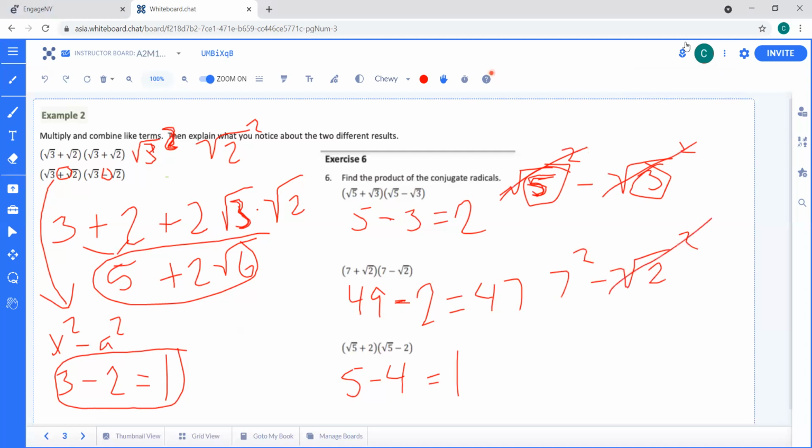Get rid of those. 7 squared is 49 minus the 2. So we have the square root of 5 squared minus 2 squared. These cancel and leave you with 5 minus 4, because 2 squared is 4, and that's your 1.